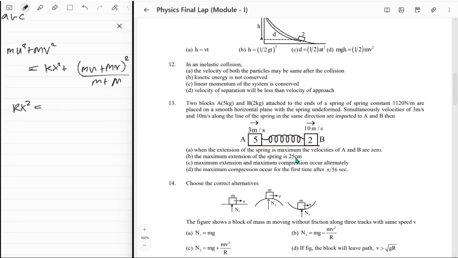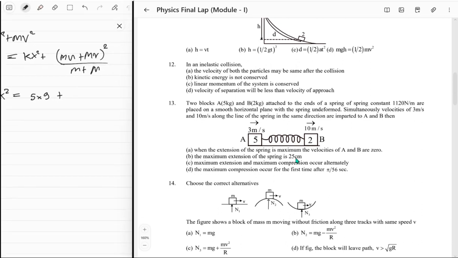Let's calculate this. So m is 5, u is what? 3 squared is just 9, plus capital M is 2 and that's 10, so 2 times 100, minus this. So it's 5 times 3 is 15 plus 2 times 10 is 20, squared, upon m plus M, which is 7, right?